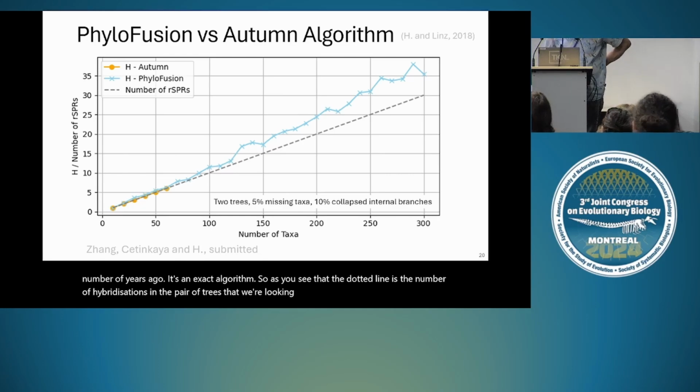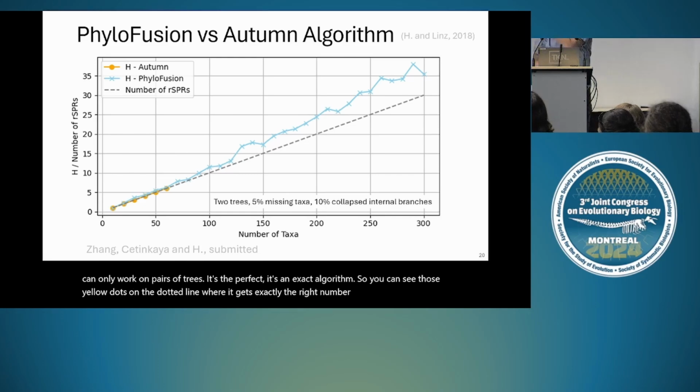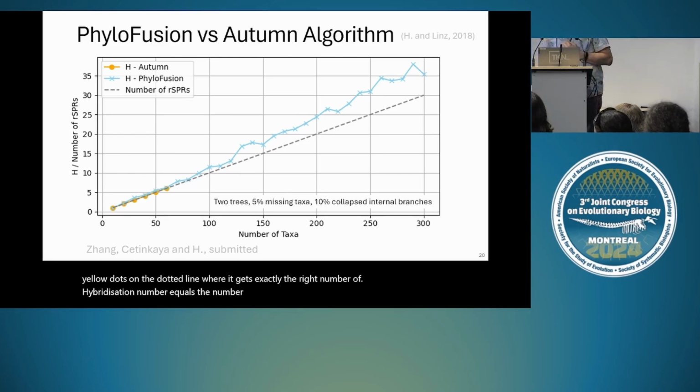The Autumn algorithm can only work on pairs of trees. It's an exact algorithm, so you can see those yellow dots on the dotted line where it gets exactly the right number, where the hybridization number equals the number of rooted SPRs that we put into the 2 input trees. But you can only get up to 60 taxa, then the Autumn algorithm just takes too long.